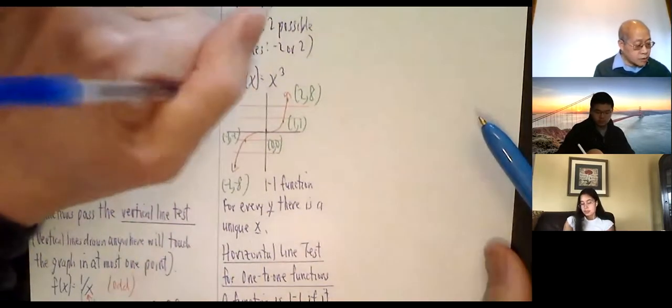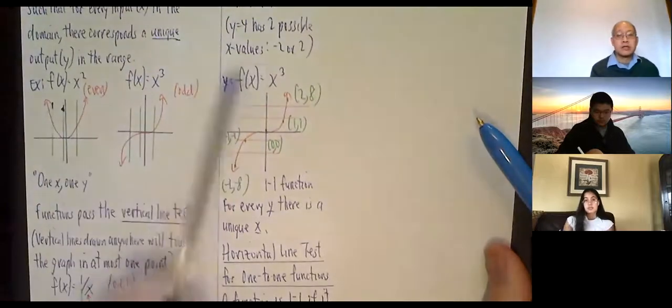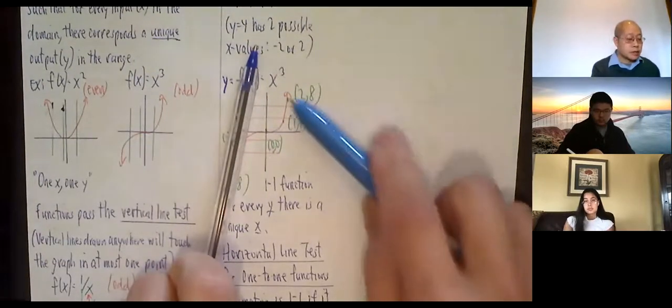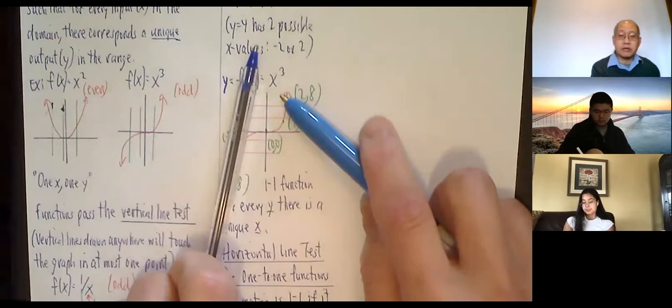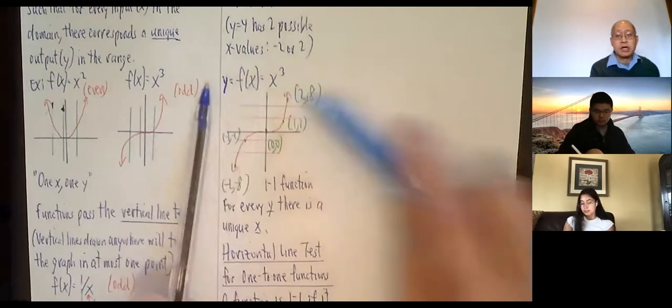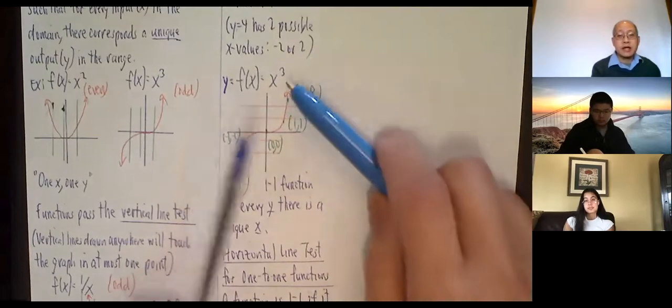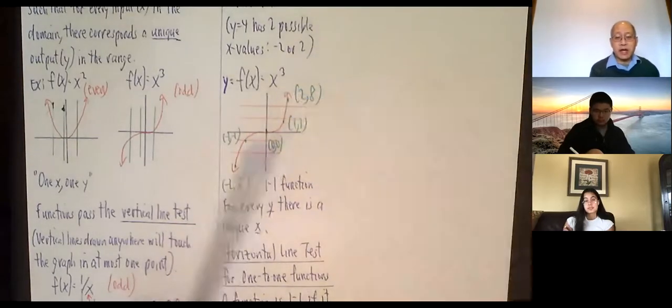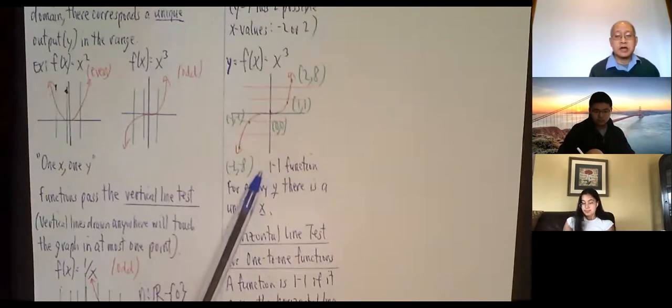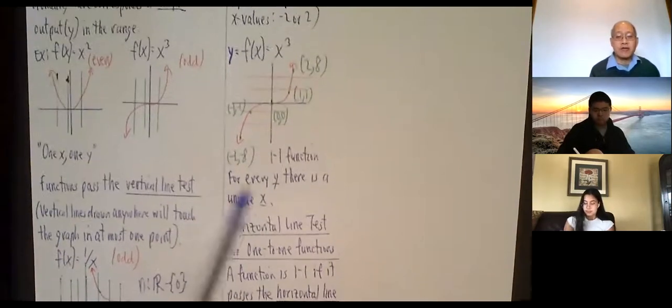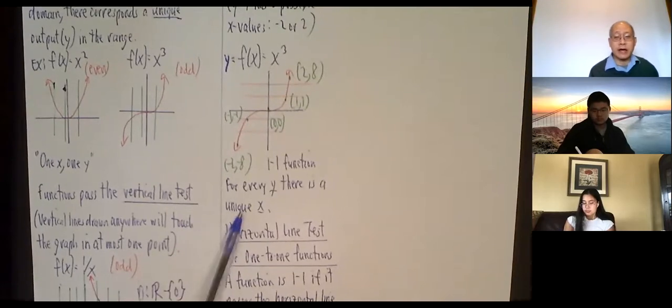Suppose I said y equals 1. Then x is 1, not plus or minus 1, only 1. Suppose y is -1. Then x has to be -1 and nothing else. So this is considered a one-to-one function. For every y, there corresponds a unique x. It came from only one possible x.